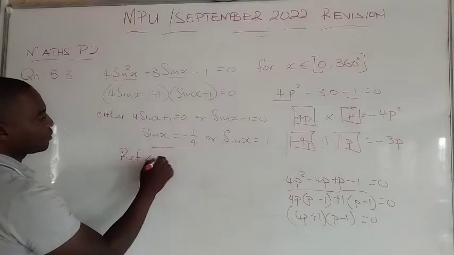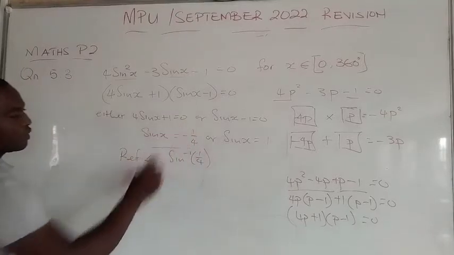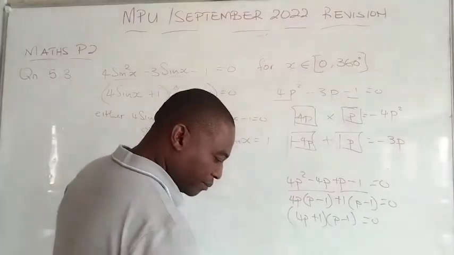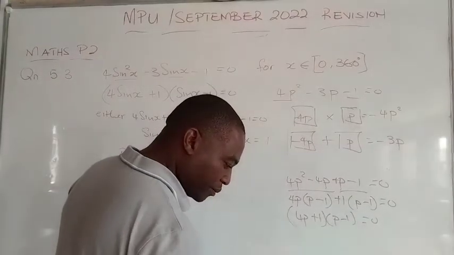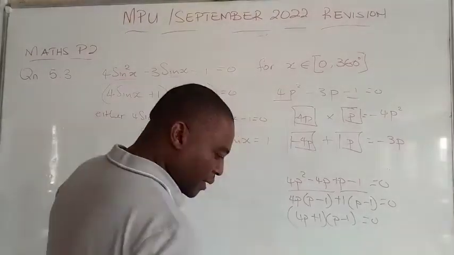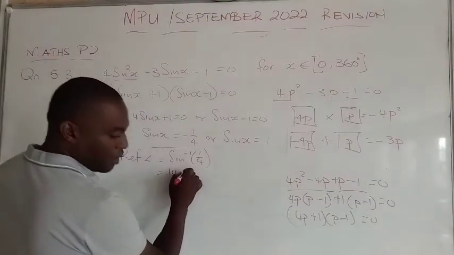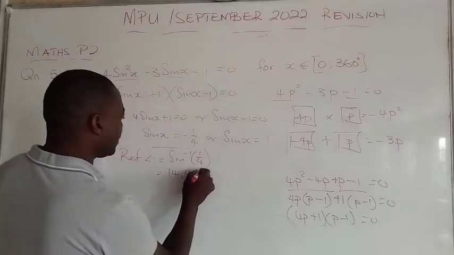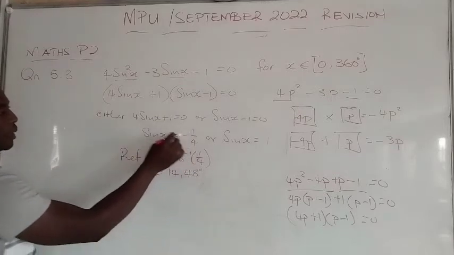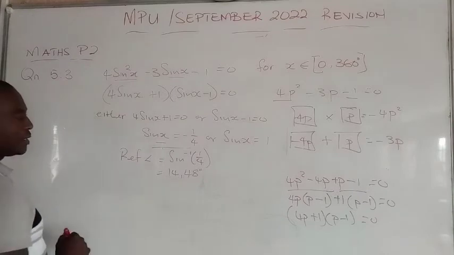Ref angle will be sine inverse of the positive part of the ratio. So sine inverse of 1 over 4, that gives us 14.48 degrees.